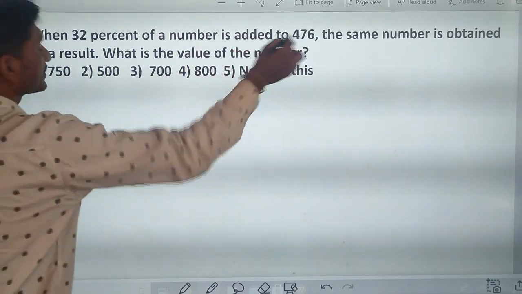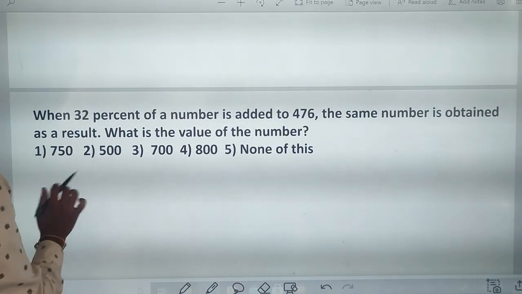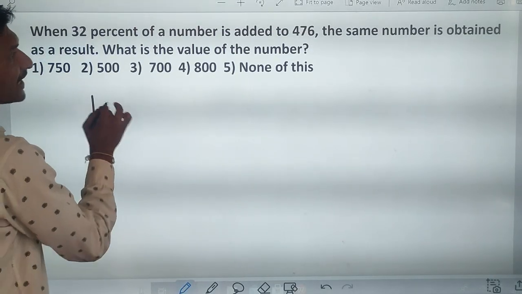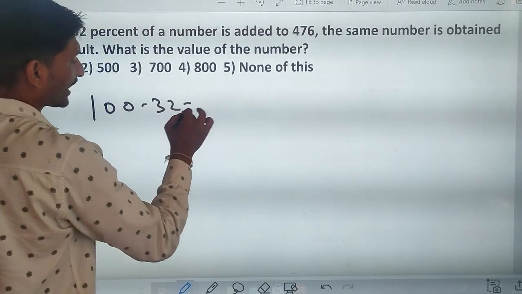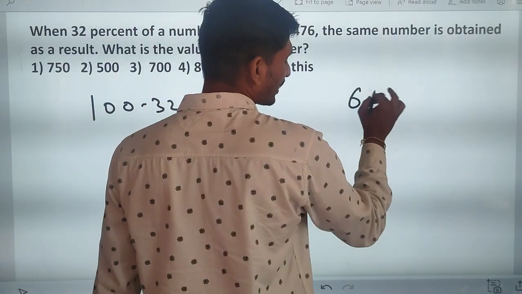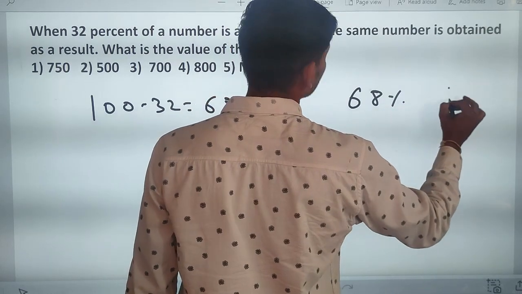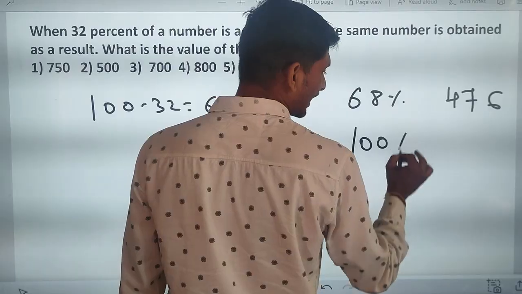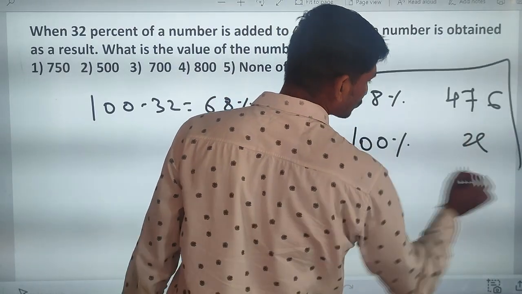Now this is 100 minus 32, that is 68%. Now here we write 68% is equal to 476, and that number, that is 100%, means what?